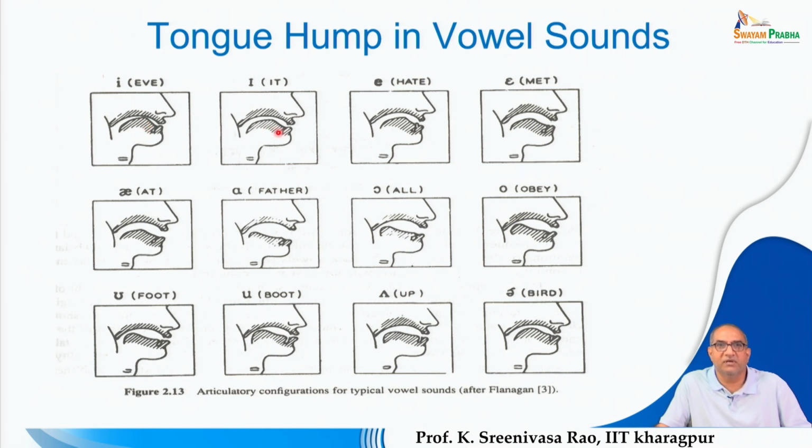In the context of eve, you can see the tongue hump is at the frontal position. Whereas for the word it, the tongue hump is somewhat lowered, but still at the frontal position. Here, in hate, when you are uttering the vowel a, you can see the tongue hump position. Similarly in met, and likewise for the different vowels. For the vowel a in the context of father, you can see the tongue hump at the back position.